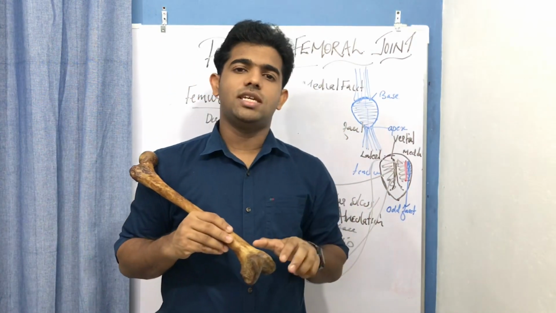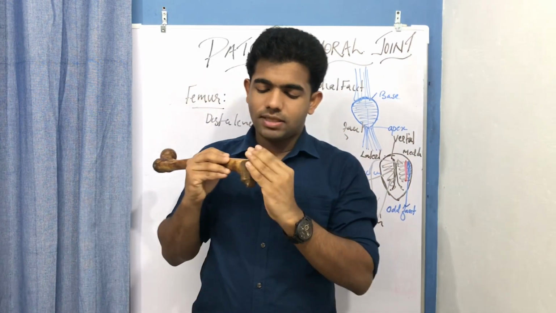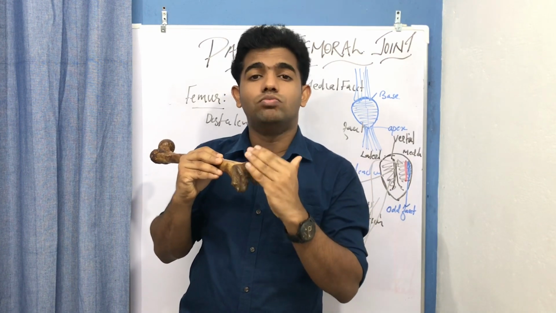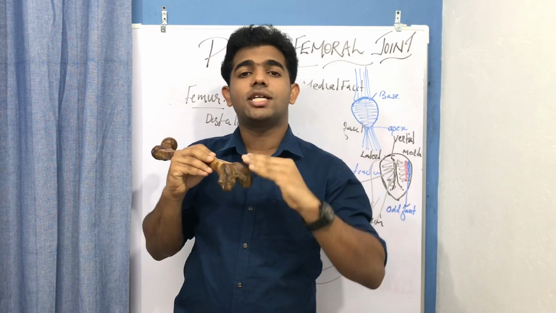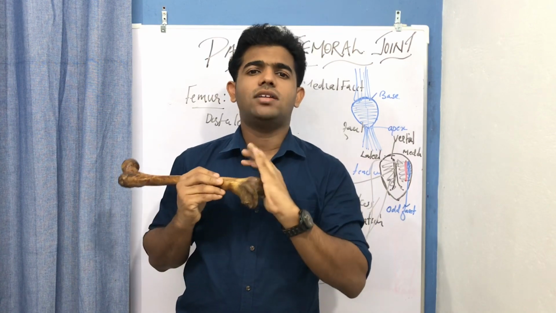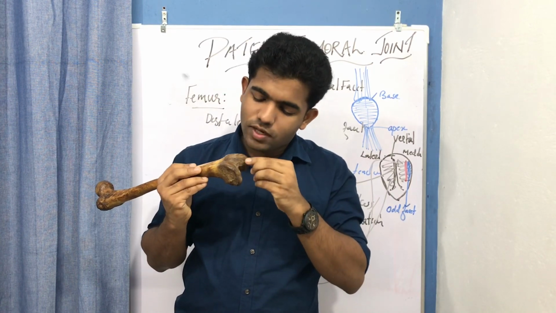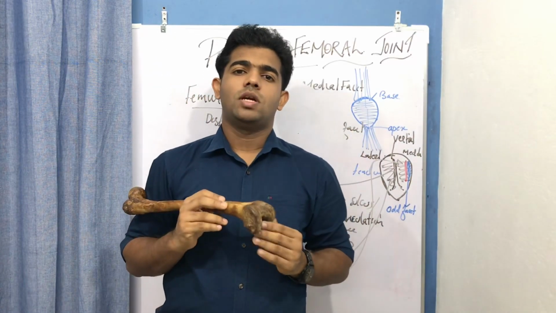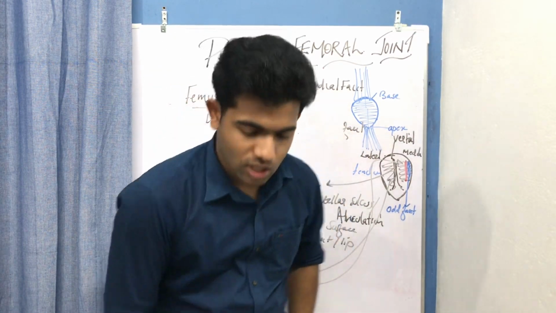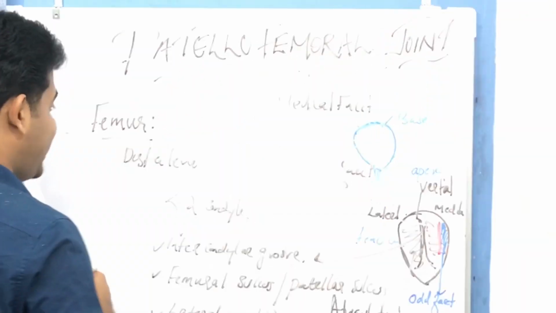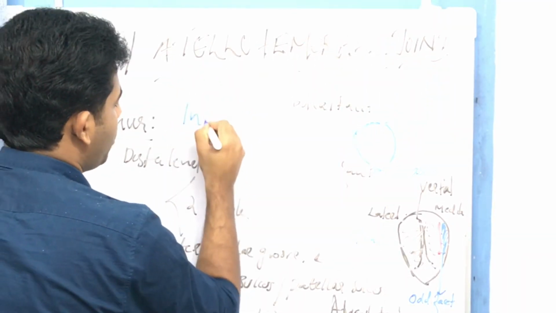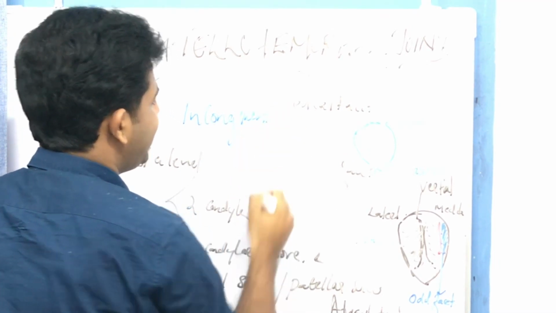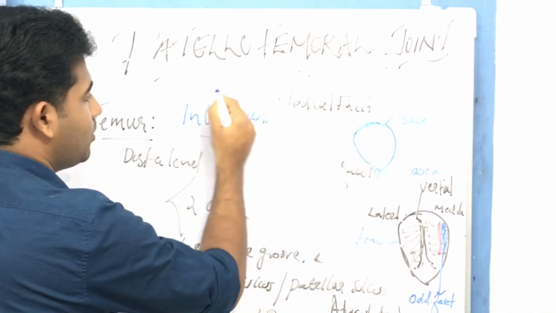And now we see, as I told, the patella is sitting on, floating on this bone, just with the connection of a tendon. And the articular surface of the patella is very small compared to this area, which makes this joint one of the most incongruent joints in the body. So the patellofemoral joint is one of the most incongruent joints in the body.